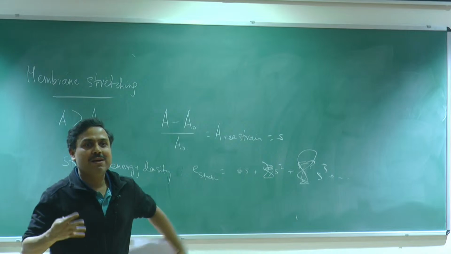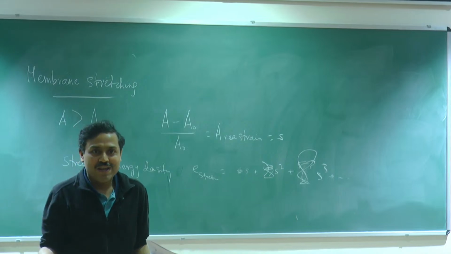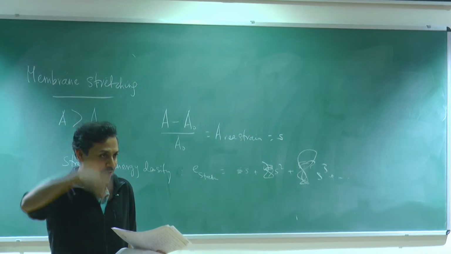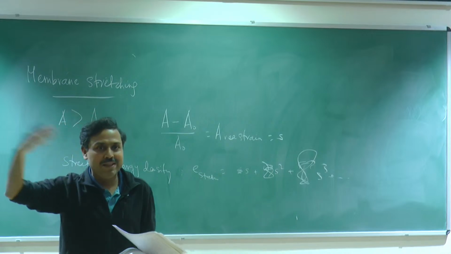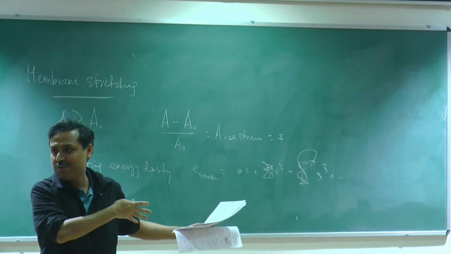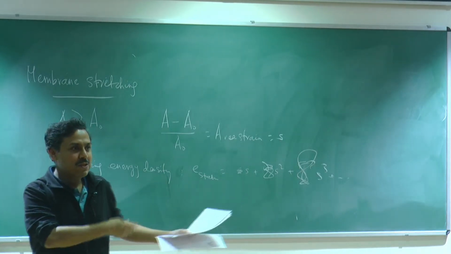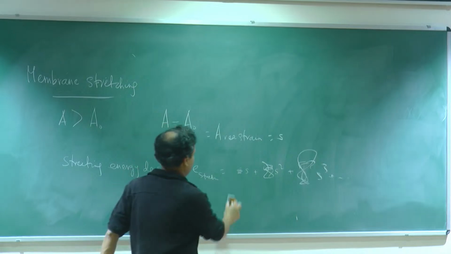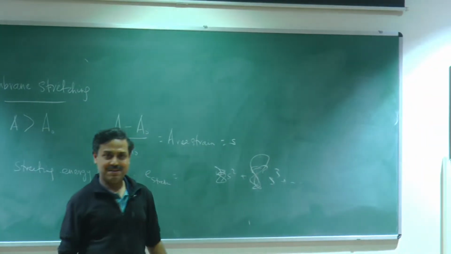I've already told you the relaxed state is A naught, and I'm changing with respect to the relaxed state. If I try to do the derivative and put it equal to 0, then obviously I cannot have the first term stay. So I cannot have a linear term.